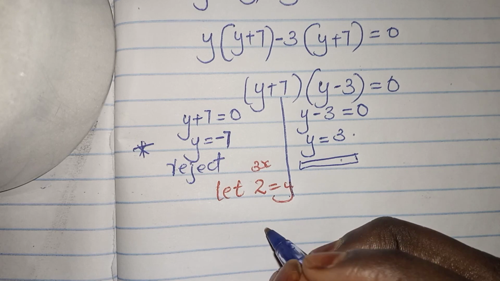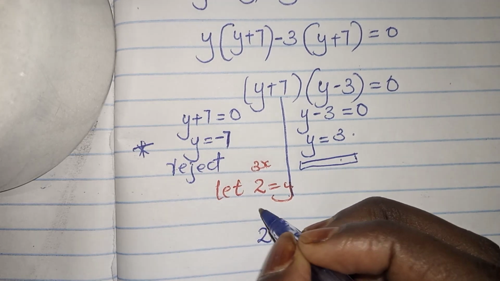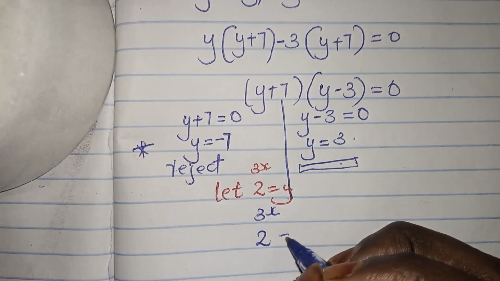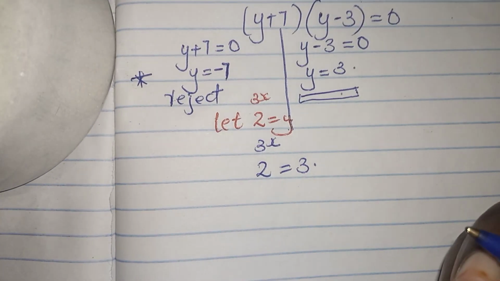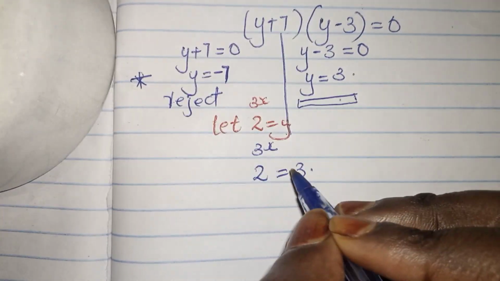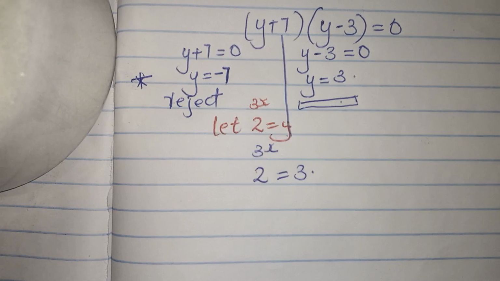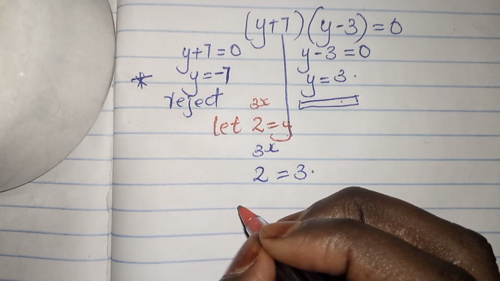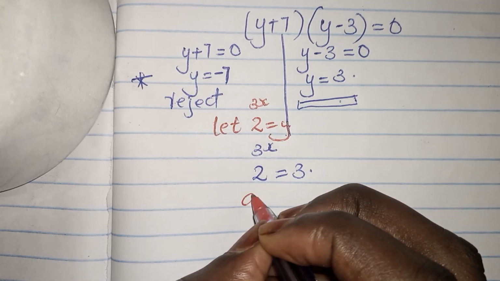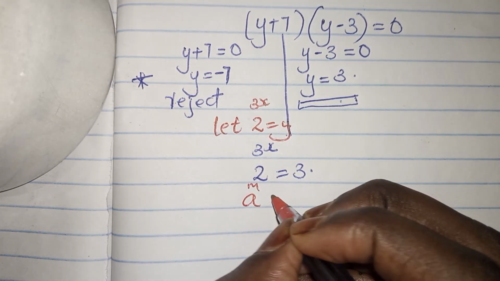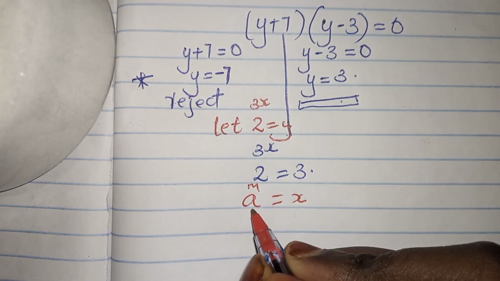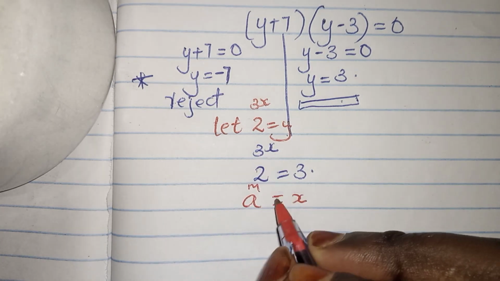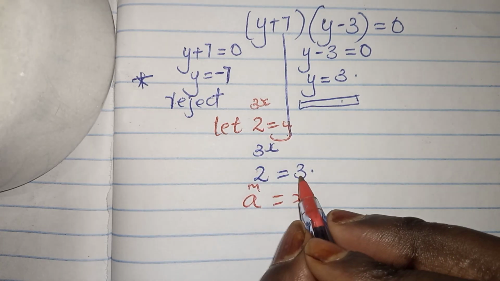So this will be 2 to the power of 3x is equal to 3. I am going to use this law or this rule. If we have a to the power of m is equal to x, our a here is 2, our m here is 3x, and our x here is 3.